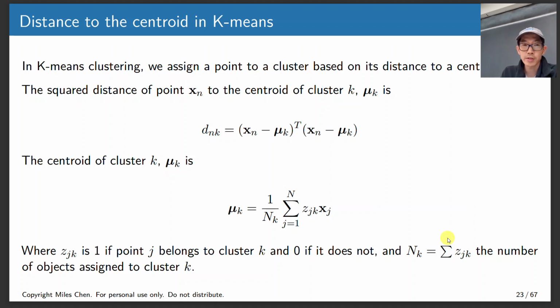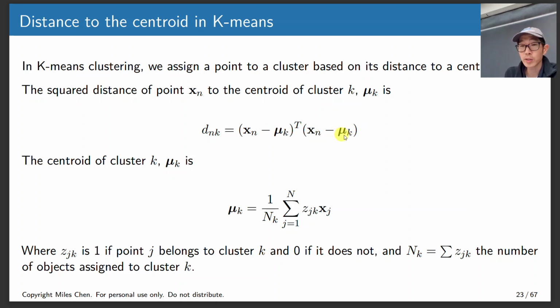All right. So in k-means clustering, what we do is we assign a point to a cluster based on its distance to a centroid. The squared distance of a point, okay, so if we have this centroid mu k, we can ask, what is the distance between some point xn and the centroid of cluster k, and we can say the squared distance is (xn minus mu k) transpose (xn minus mu k), all right?